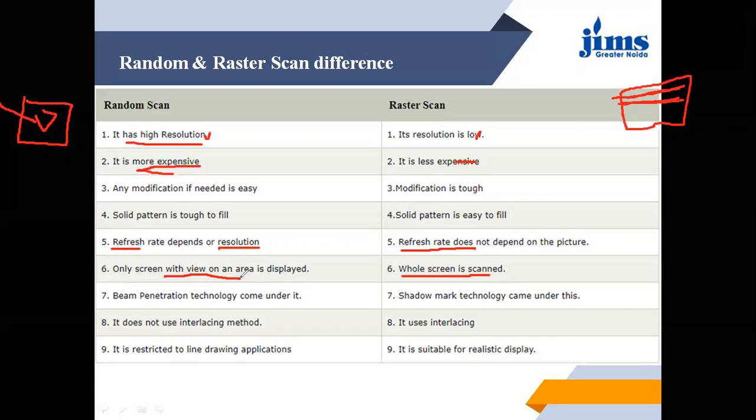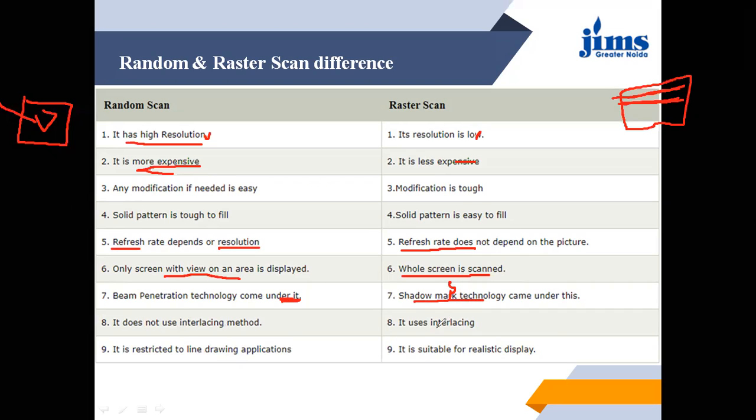pixels. Beam penetration technology comes under this, means it is used through beam penetration technology, whereas raster scan uses shadow mask technology. This is not mask, this is shadow mask technology.